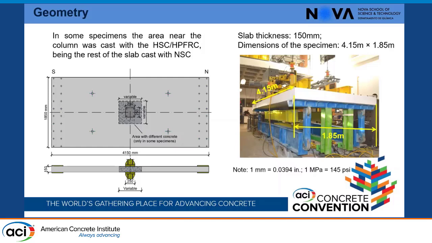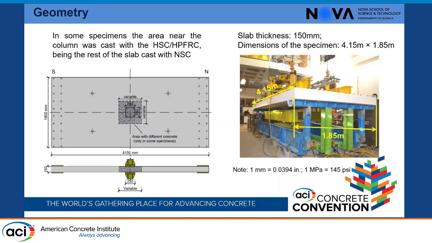In the slabs, when we used the high-strength concrete or the high-performance fiber-reinforced concrete, we only used these materials near the column in the critical zone, and our slabs were designed to represent the area between middle spans. So these north and south borders are middle spans of the flat slabs.